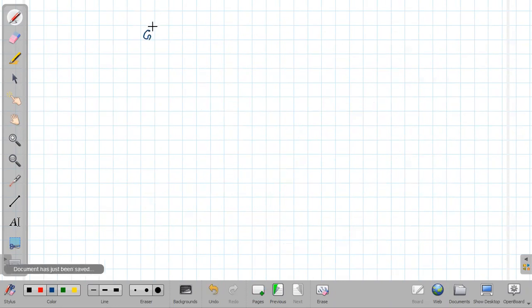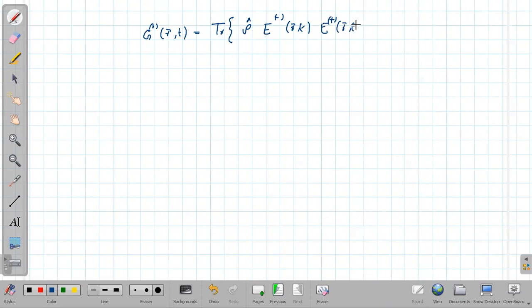So G1 (r,t) is the trace of rho, E minus (r,t), E plus (r,t).